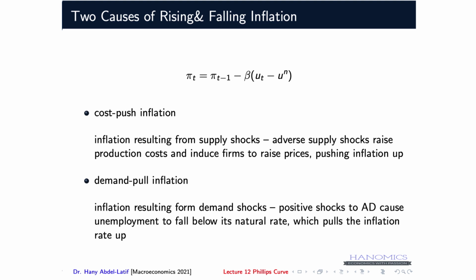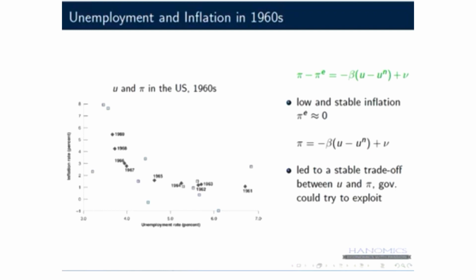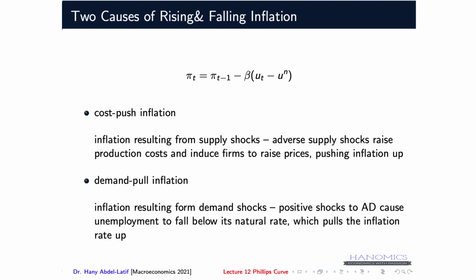So one reason for inflation to increase is cost-push inflation, which comes from the supply shock term, nu, the Greek letter we use to represent supply shocks. If there's an adverse supply shock, the cost of production will increase, prices will increase, and inflation will increase. So this is one reason.